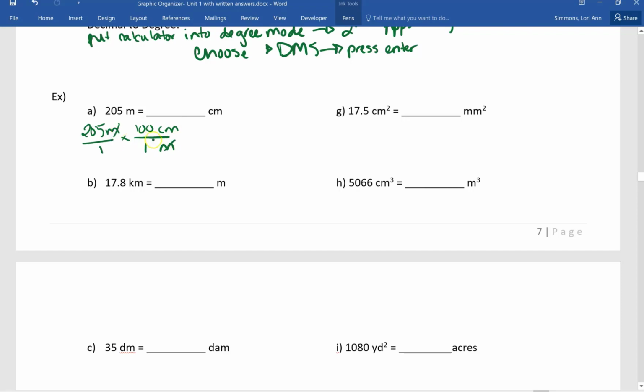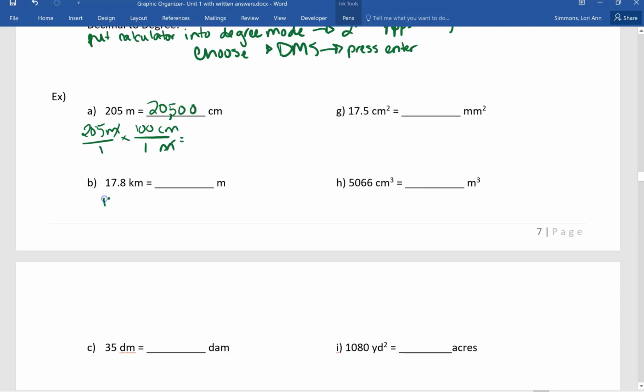Meters cancel, and our final answer should be 20,500 centimeters. We have 3 significant digits here, and we also have 3 significant digits here. Note these 2 zeros do not count as significant digits because there is no bar above them. So they do not count as a significant digit.